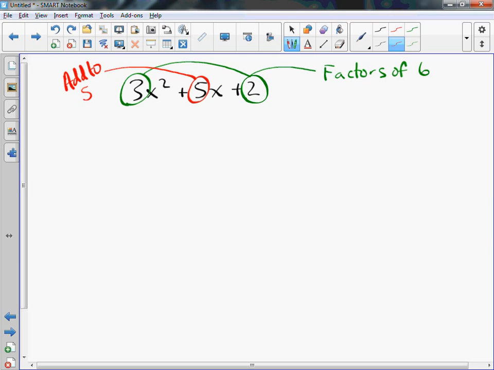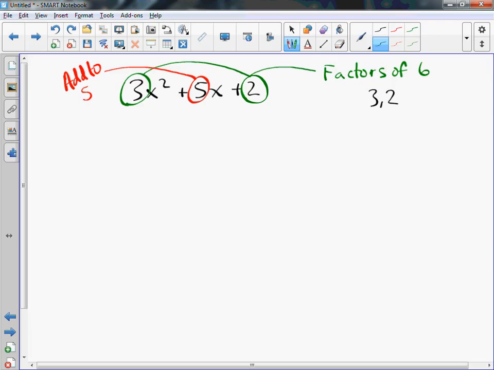So now we take the leading coefficient, or that first coefficient, times the last coefficient to get a 6, and that's what we're going to look for here. So this time factors of 6 that add to be 5, that's 3 and 2.